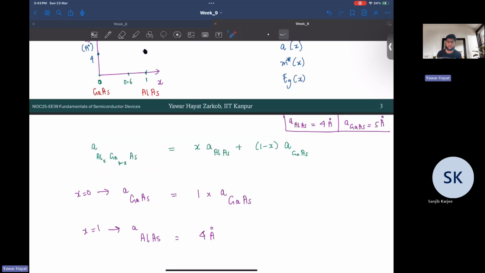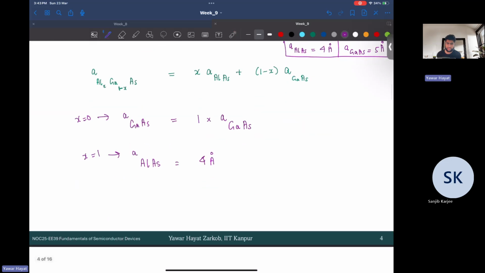Now, I had earlier posed a question: what about x equal to 0.6? If x is 0.6, let's write that compound.